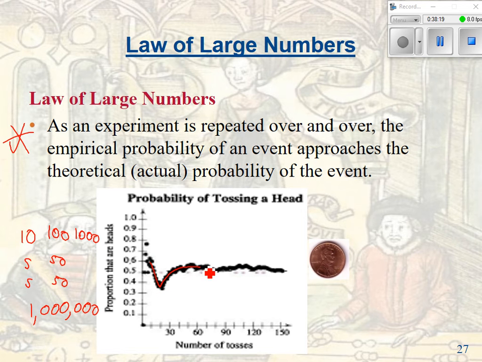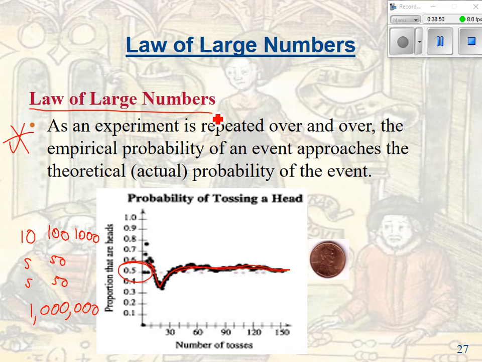Then all of a sudden, it started leveling off here, and it stayed about here. And how many heads did they start to get? Looked like they got closer and closer to getting about 50% of the time. 5 heads, 5 tails if we did it 10, so on and so on. So, law of large numbers just says the more times you do it, the better chance you're going to have of getting closer to what the classical probability is.